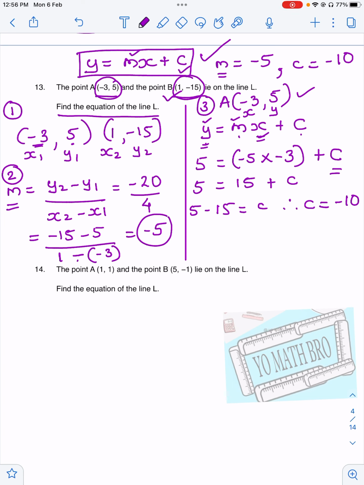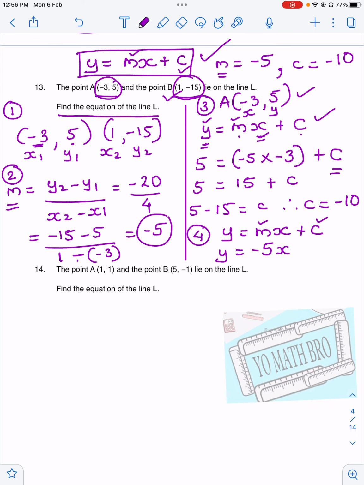Okay. Now the fourth step. I write the general equation once again. So for finding the equation of the line from the coordinates, I wrote the general equation twice. In the third step I substituted just to get the value of C. But in the fourth step now, when we write the general equation, we just substitute the value of m and C. So this gives me y is equal to m, which is -5.